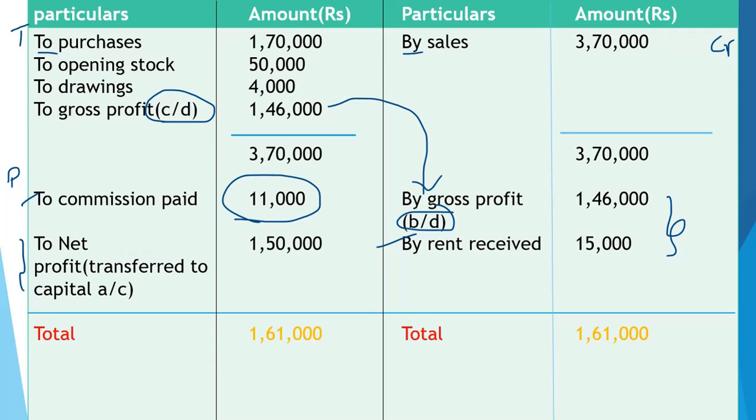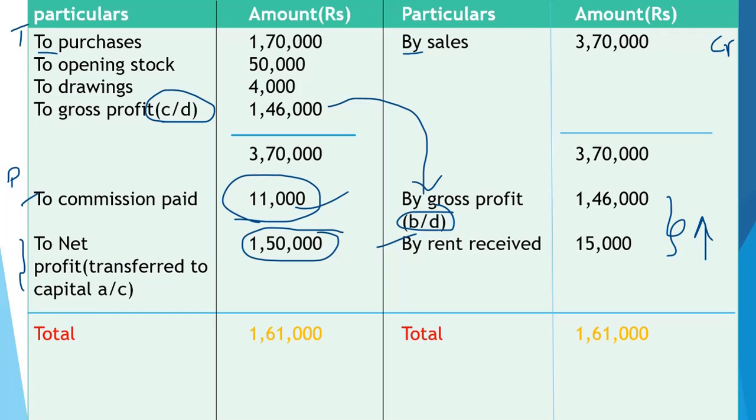As they already said on the upper side, if the credit side is more, then we call it net profit. If the debit side is more, we call it net loss. But here the credit side is more, that is 1,61,000. On the debit side there is only 11,000. So we are adding the remaining 1,50,000 to the debit side. So it is called a net profit, guys.